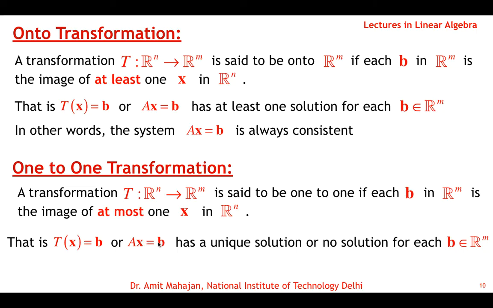Okay, so clearly the transformation will be one-to-one if there is no free variable when the system is consistent, or the system is inconsistent, meaning the last column becomes the pivot column. And for onto transformation, the system is always consistent, meaning the last column should not be the pivot column.